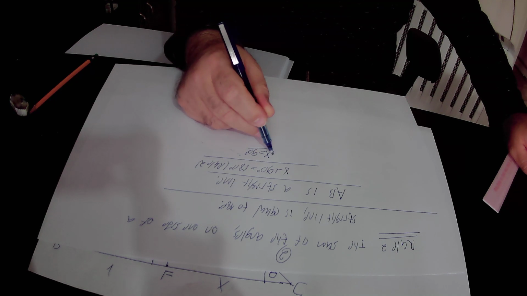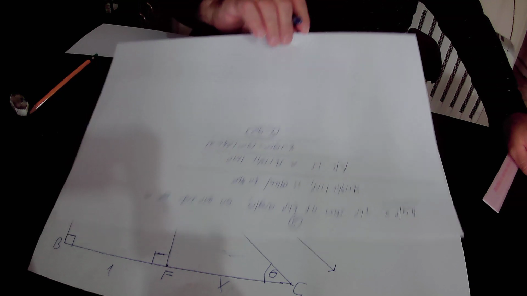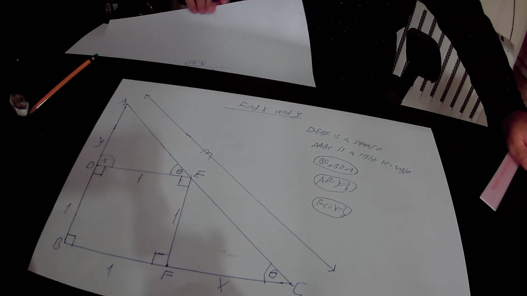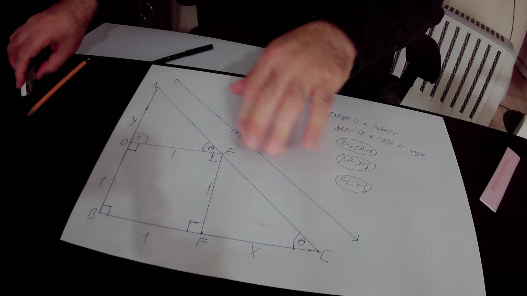So we found out that angle X is a right angle, it equals 90 degrees. So we can substitute angle X by the right angle.